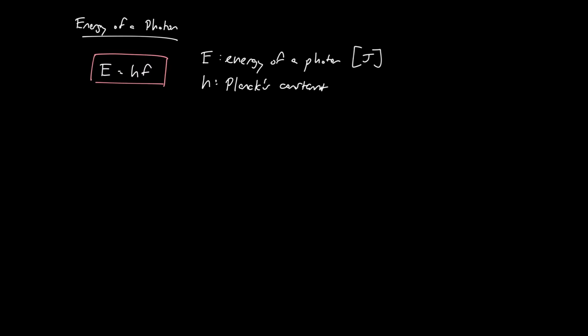That is equal to 6.626 times 10 to the negative 34 joules times seconds. And then f is the frequency of the light, and we know that's in hertz.